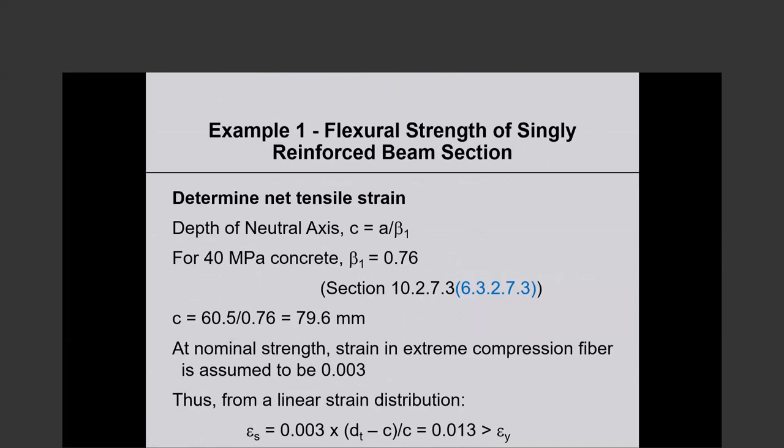We are at 40 MPa, which is between 28 and 56. So by linear interpolation, beta sub 1 comes out to 0.76. So neutral axis depth for a 60.5 millimeter stress block depth comes out to 79.6 millimeters.